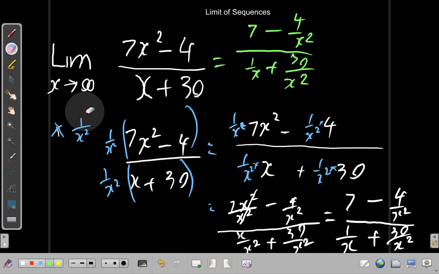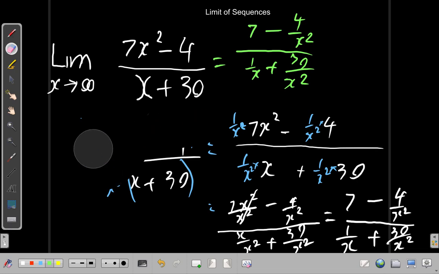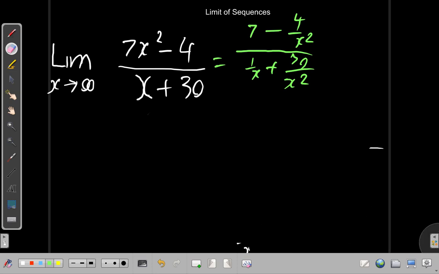Let's clean up some part of the board to get some space. Now, what happens in this case? As x tends to infinity, you have 7 minus 4 over infinity squared. Can you rewrite it as just infinity? A massive number squared under here.